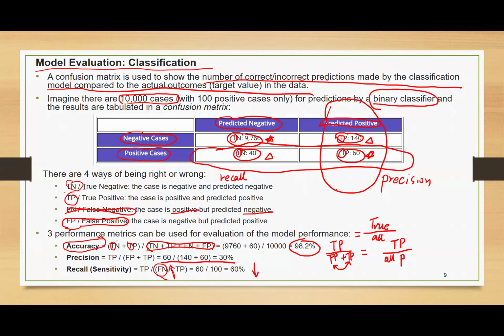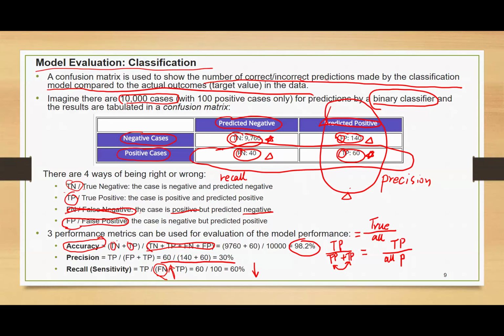You're focusing on this column. So it actually means for all the predicted positive, for all the cases that you predicted as positive, how many correct cases there are.